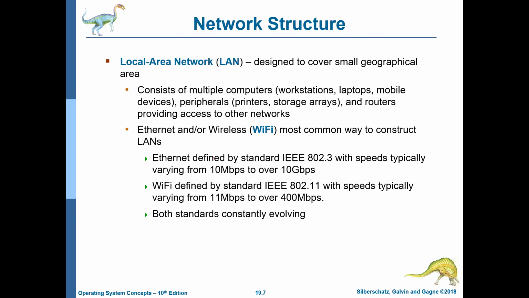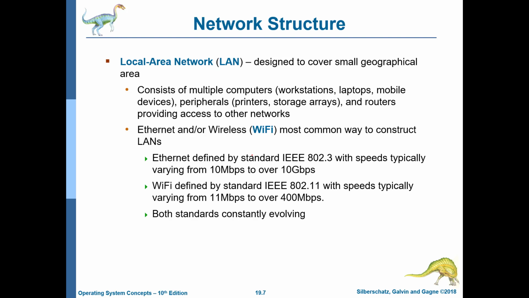So what is a network structure? Typically distributed systems are connected using a local area network or a LAN, which is designed to cover a very small geographical area. So we can have multiple computers and peripherals, as you can see. And of course, we all know what a wireless router is. So that also allows us to create a distributed system.